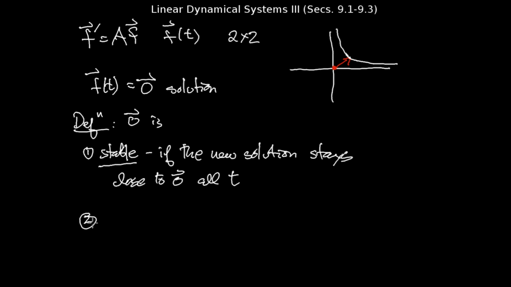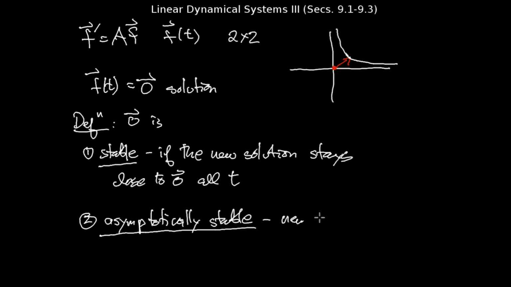And the other definition is it's said to be asymptotically stable. What that means is that the new solution goes back to 0, but it doesn't really go back to 0.